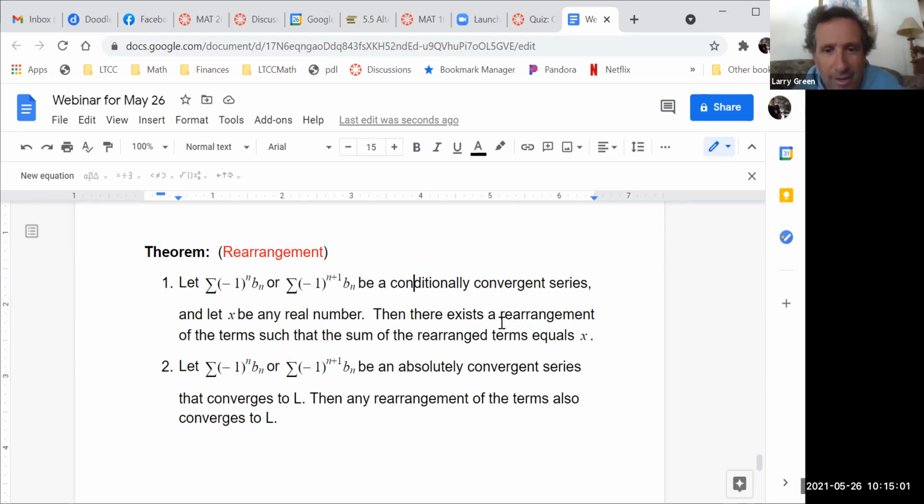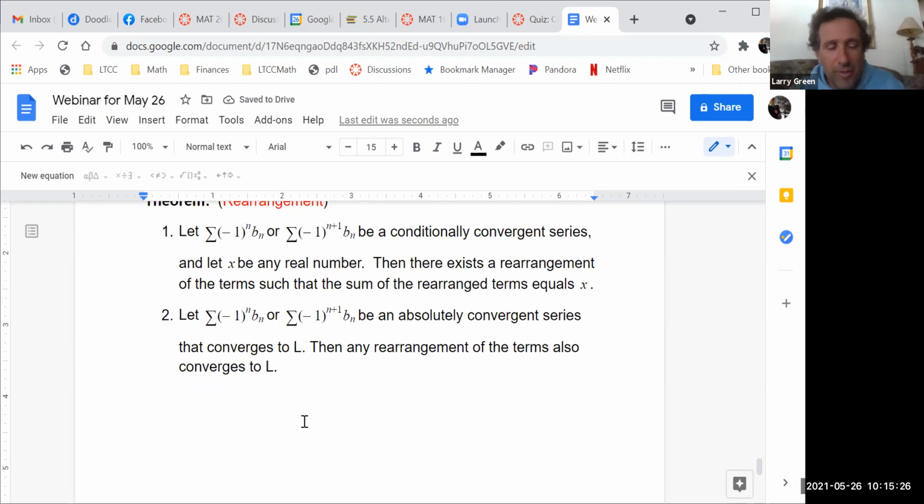Then there exists a rearrangement of terms such that the sum of the rearranged terms is equal to whatever number you want. On the other hand, if we have absolute convergence, then any rearrangement always gives you the same answer.